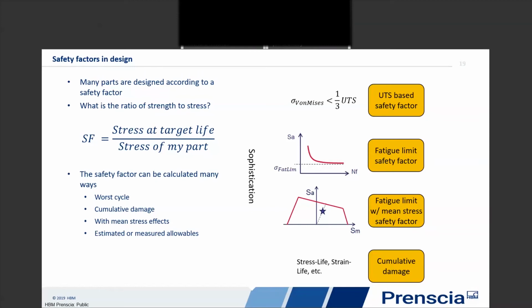And then finally, what one can do is go in and look at the load histories cycle by cycle and start to accumulate damage and come up with a predicted life through the entire load history as the most precise approach.